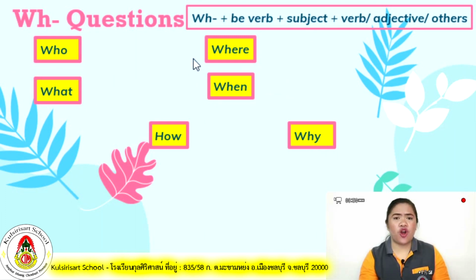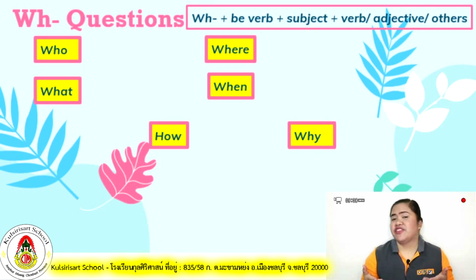And always remember the WH question pattern or formula: WH plus be verb plus subject and the continuation. Again, WH plus be verb plus subject and the continuation from the declarative sentence.